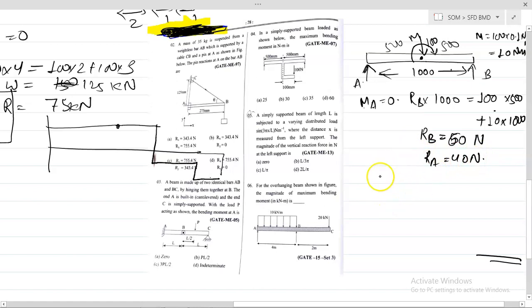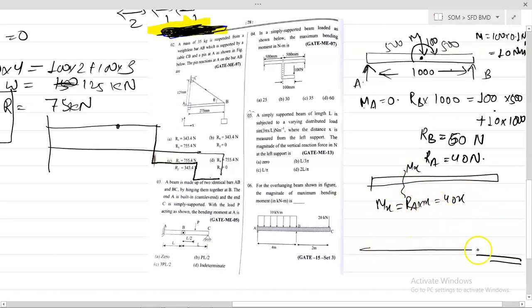Now just draw the bending moment diagram. Let's suppose at this x, Mx would be RA into x, that is 40 into x. So let's draw here, it is 40 into x linearly up to 500. Now let's take the point at the center, where a couple acts in this direction.